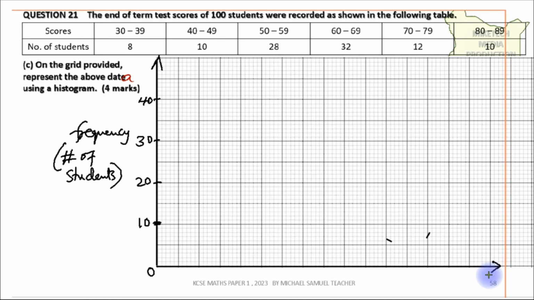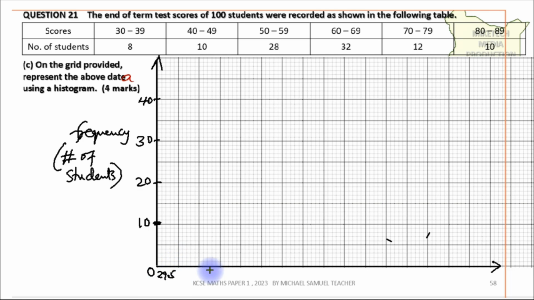Then the x-axis, since we have the scores from 30 to 39, we use the upper class boundary, so we have 39.5, but the previous one was 29.5. So even without breaking, we can let our axis start from 29.5, but if you also break the axis, there is no problem.